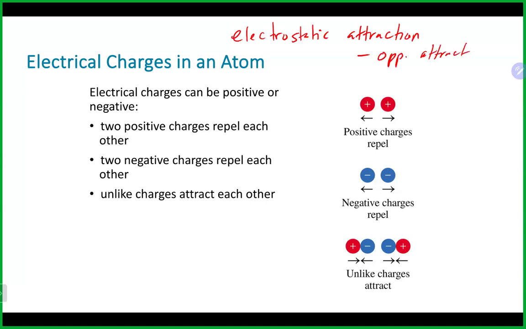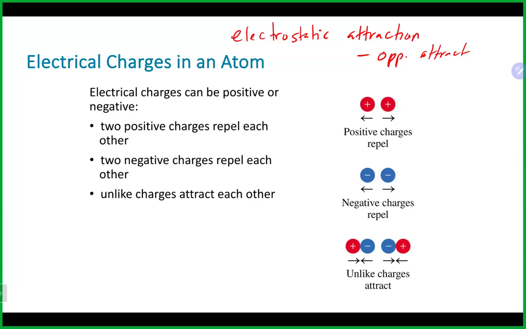Much like in life, right? If you have 2 positive people, that's a lot of positivity to be around, right? And if you have 2 negative people, that's a lot of negativity to be around. They say you want to try to find something that balances you out. So slightly positive, slightly negative, nice mix right about there. So same thing happens in chemistry. If you have something that has a positive charge and a negative charge, they will be attracted to one another.